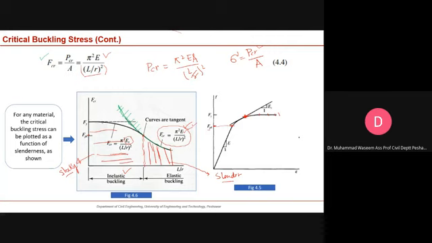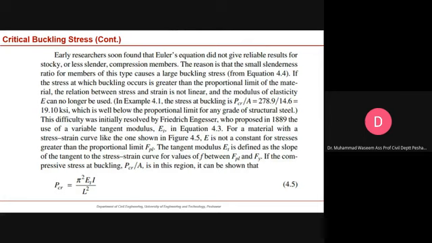This is more of an exact behavior. This is not the realistic behavior. Okay, so if we go back to this slide, you will see a statement that some researchers found that the Euler equation does not give reliable results for stocky and less slender columns.